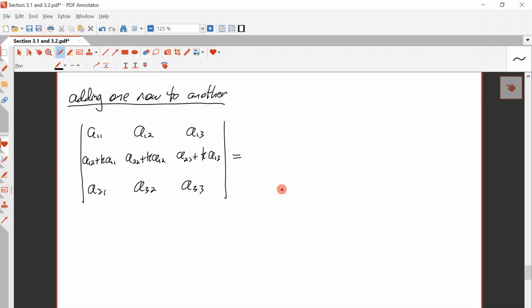So for that 3 by 3 determinant, we'll take the cofactor expansion around row 2. And what do we get? We get minus A21 plus KA11 times the 2 by 2, A12, A13, A32, A33.